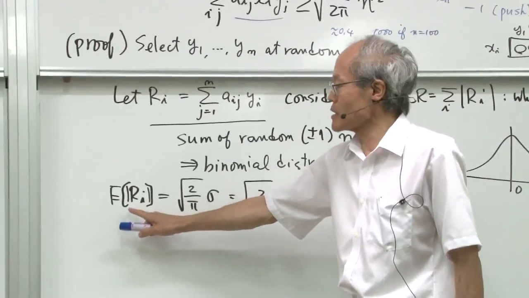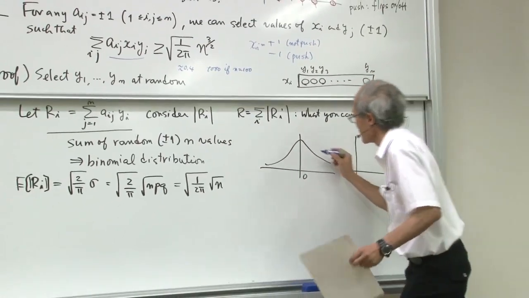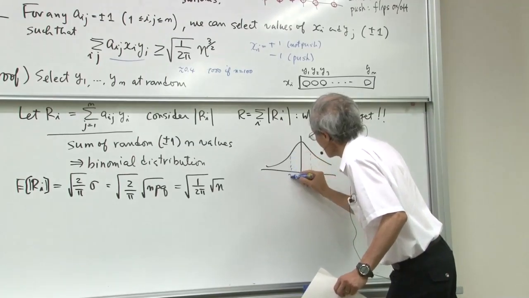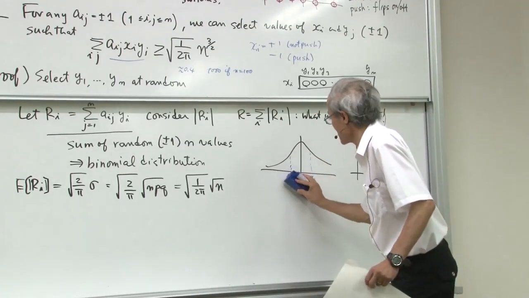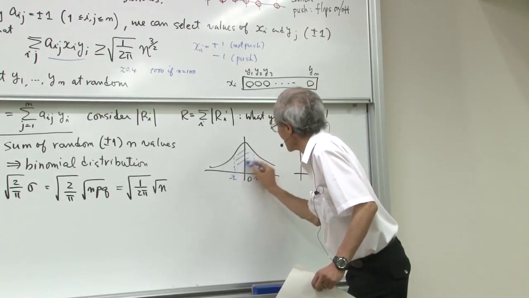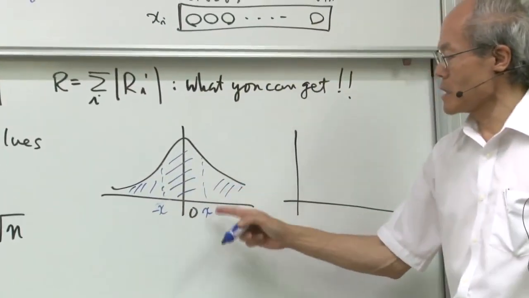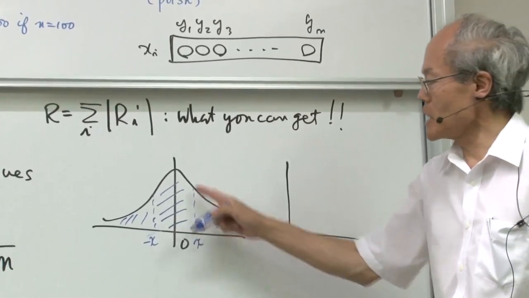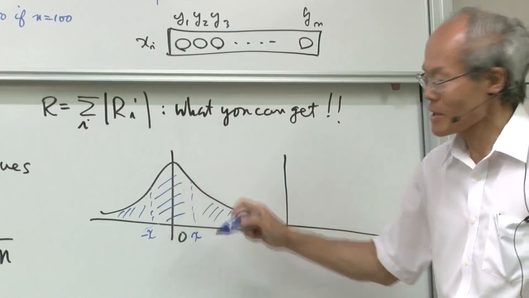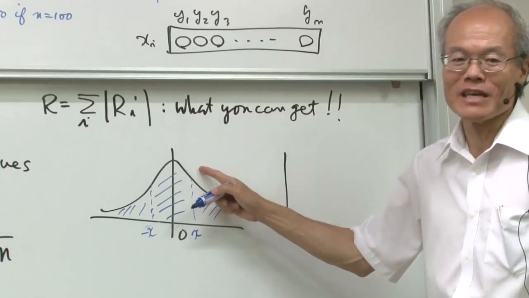And the expected value is exactly here, the value x, where the area is the same. So this is the most likely deviation.